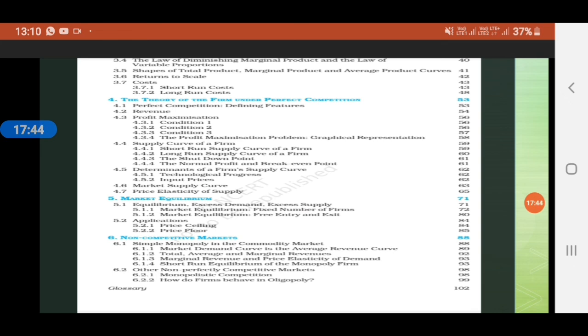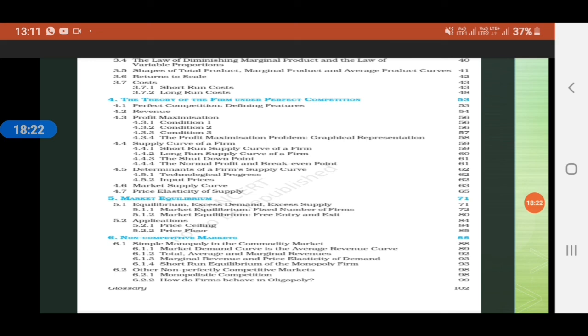In this monopoly market, the market demand curve will become the average revenue curve, and some concepts like total, average and marginal revenues, marginal revenue and price elasticity of demand, short-run equilibrium of the monopoly firm. These concepts are kept in this simple monopoly in the commodity market.